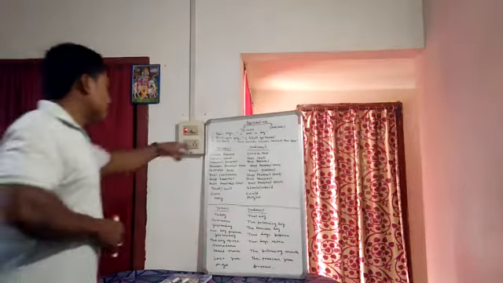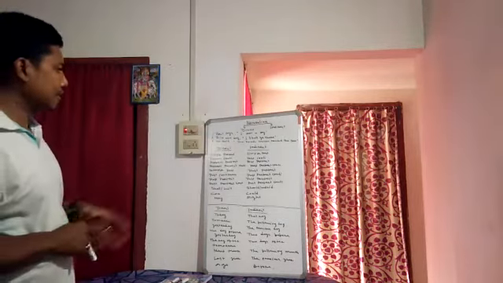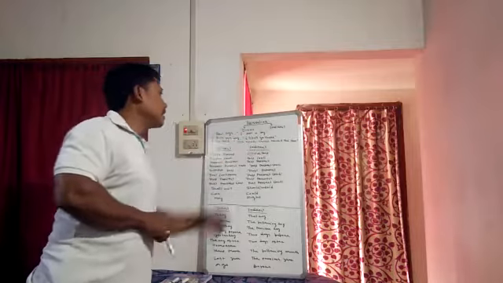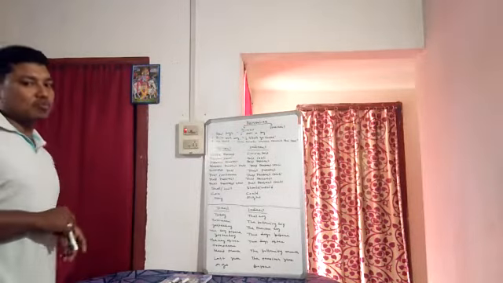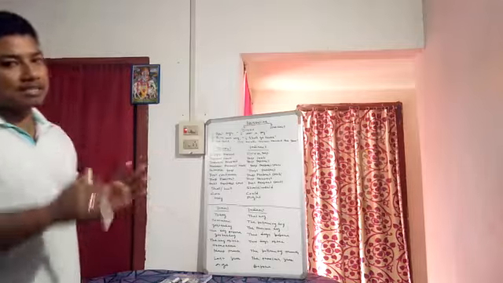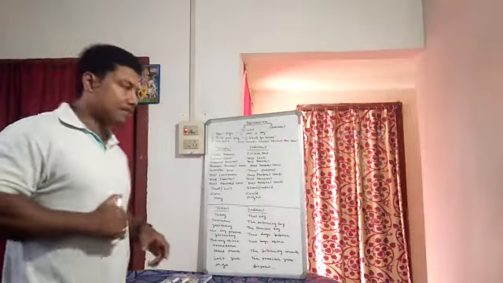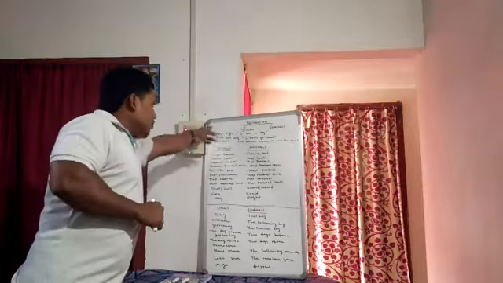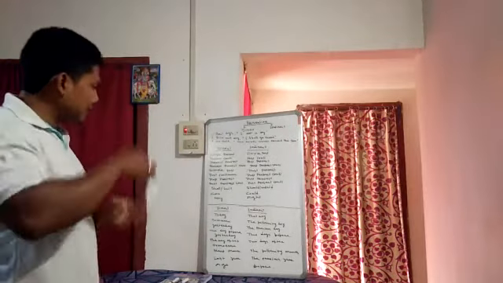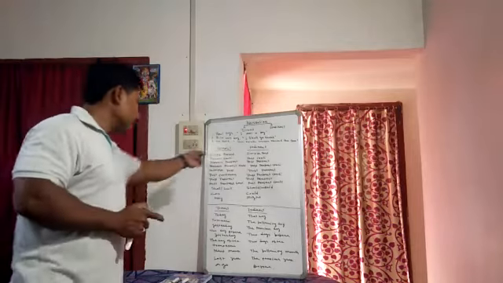Secondly, sometimes the reporting verb may be given in past tense, but at that time we have to notice the reported speech part. If the reported speech is a universal fact, then also in changing it from direct to indirect, regarding tenses nothing will be changed.